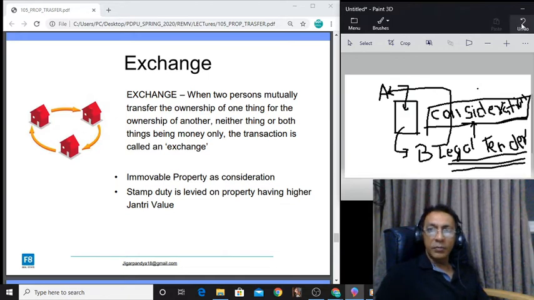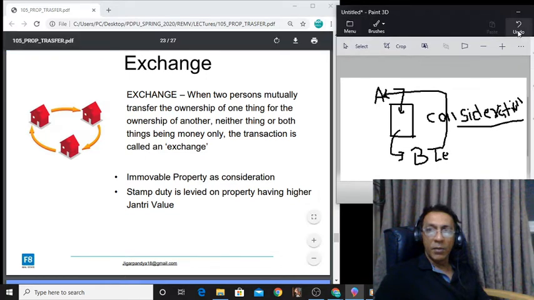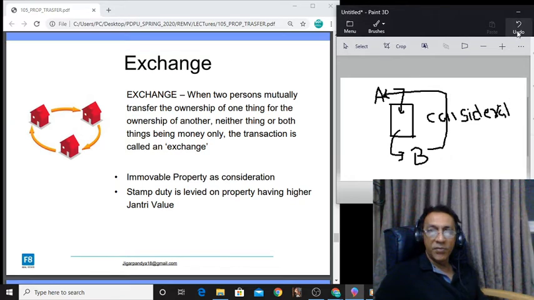Now, the reason why I had to talk a little bit about consideration is what happens in exchange. What is going to happen when two parties are exchanging? Because you have a scenario where a property is exchanged for a property, right?